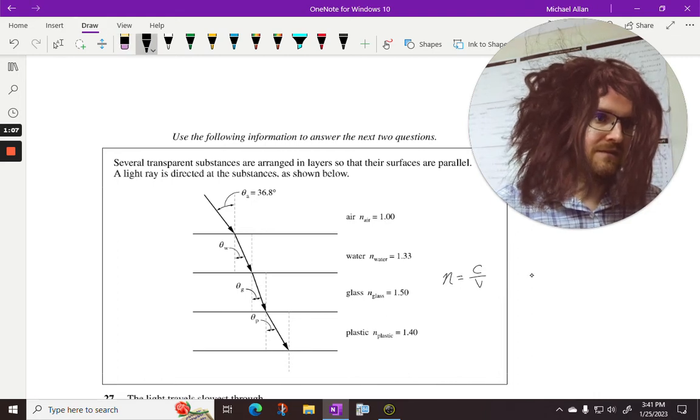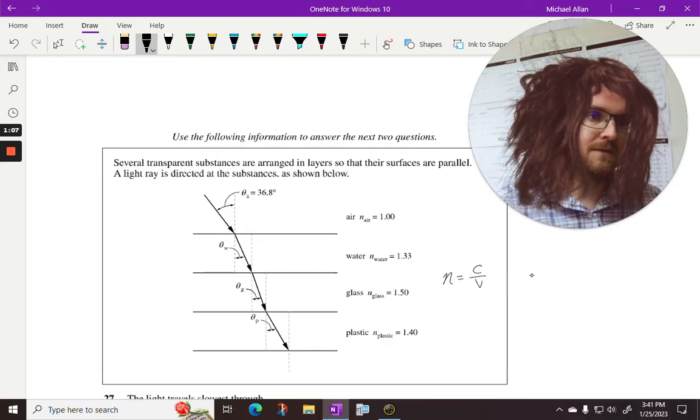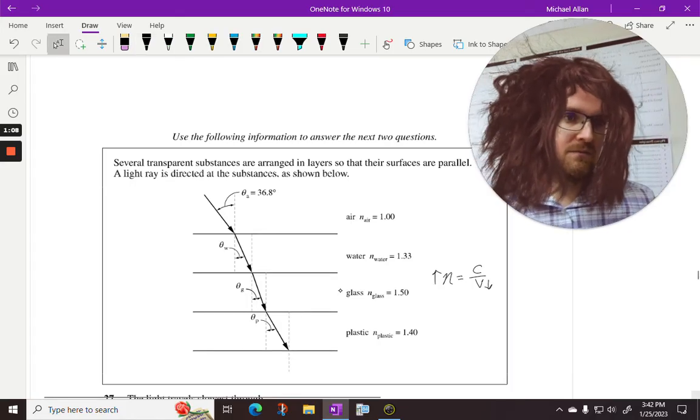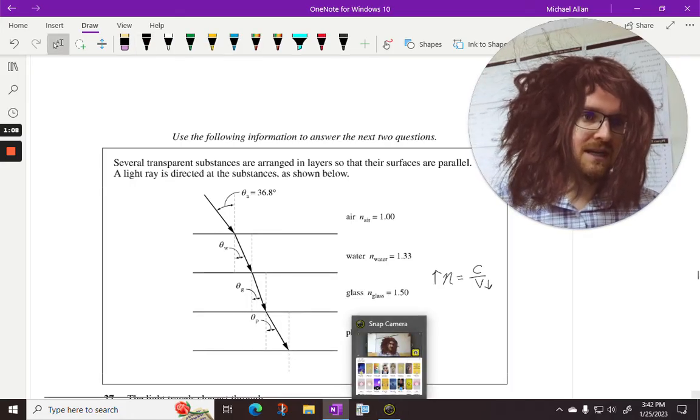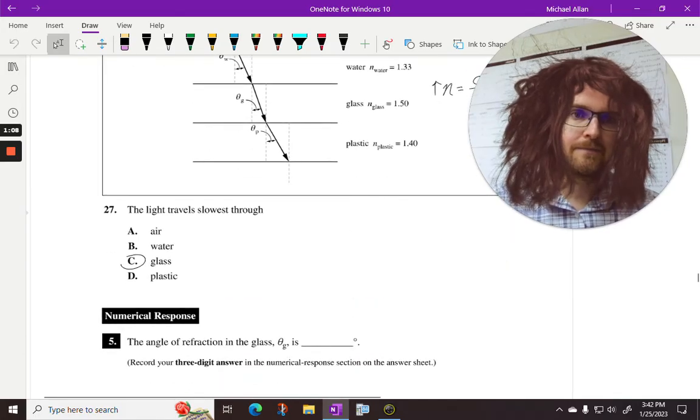If I'm dividing by the slower number on the bottom, this is going to end up being bigger, right? So the slower it is, the higher this number is. If this is going to go up, it means this has got to go down, right? So this would be the slowest one, being glass, because it's the highest N value.